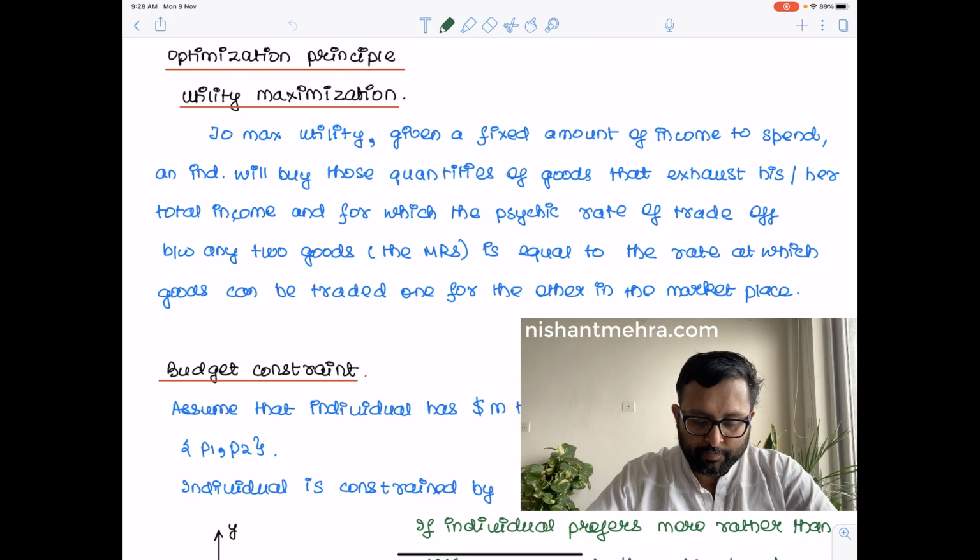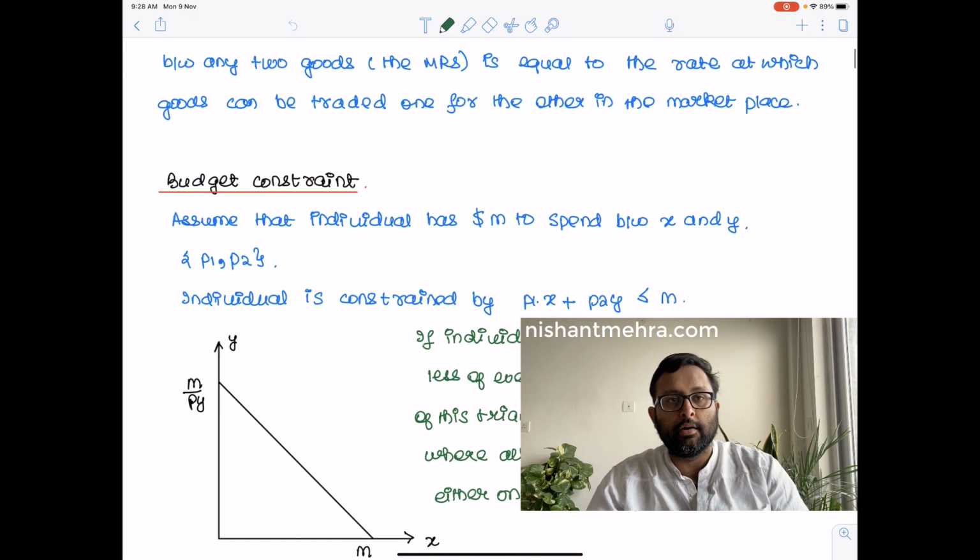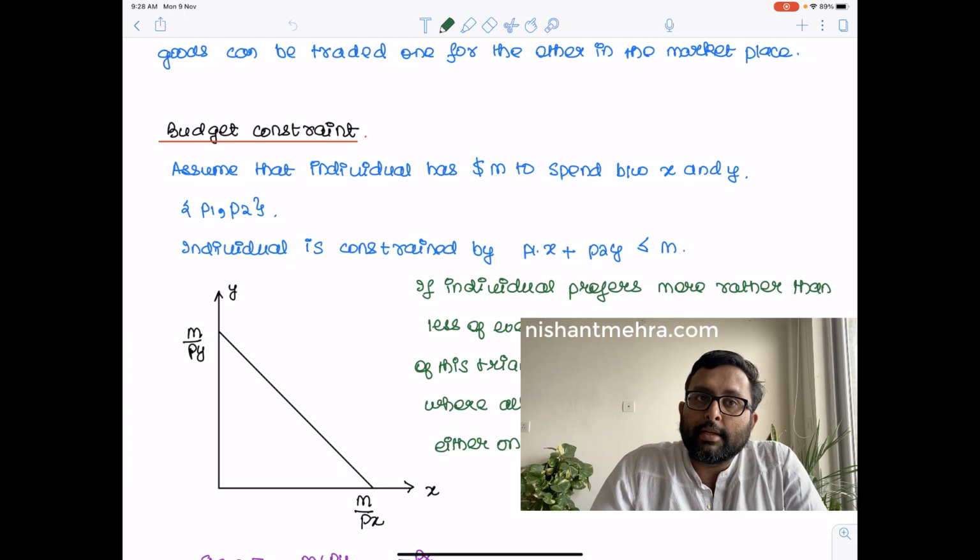The budget constraint is you have $M with you and you can spend it on two goods, X and Y. So the budget constraint looks like P1X plus P2Y less than or equal to M, right?